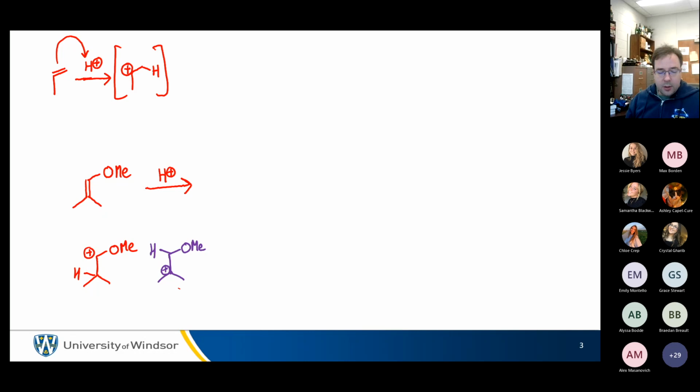Okay, so let's break this down to individual effects. Where is the hyperconjugation effect stronger, in red or purple? Perfect. Great. Awesome. I agree completely. Better hyperconjugation.